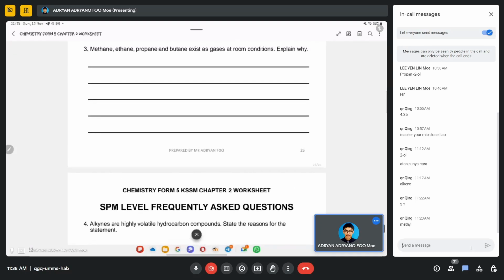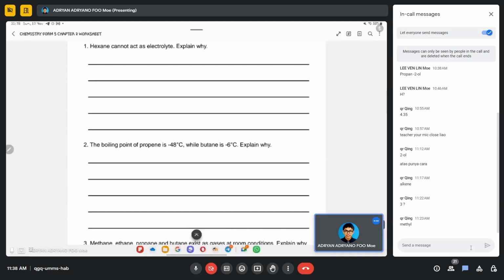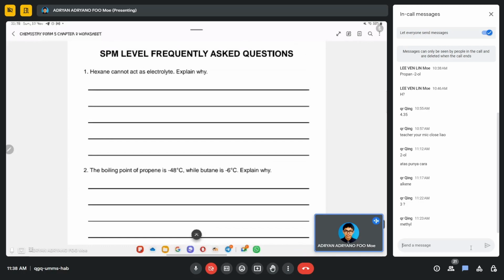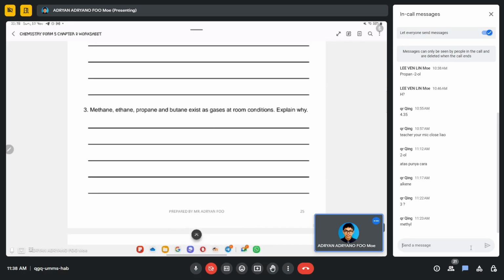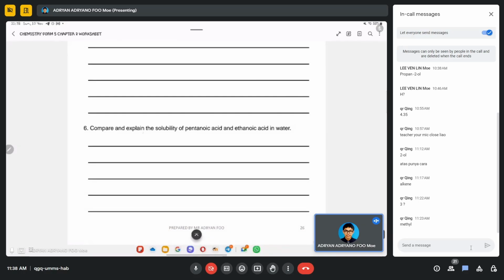For example, why hexane cannot conduct electricity, then comparing boiling points, and they also like to ask about solubility, such as why pentanoic acid or ethanoic acid dissolves more easily in water, and so on. Alright, so I think that's about it for today's class.